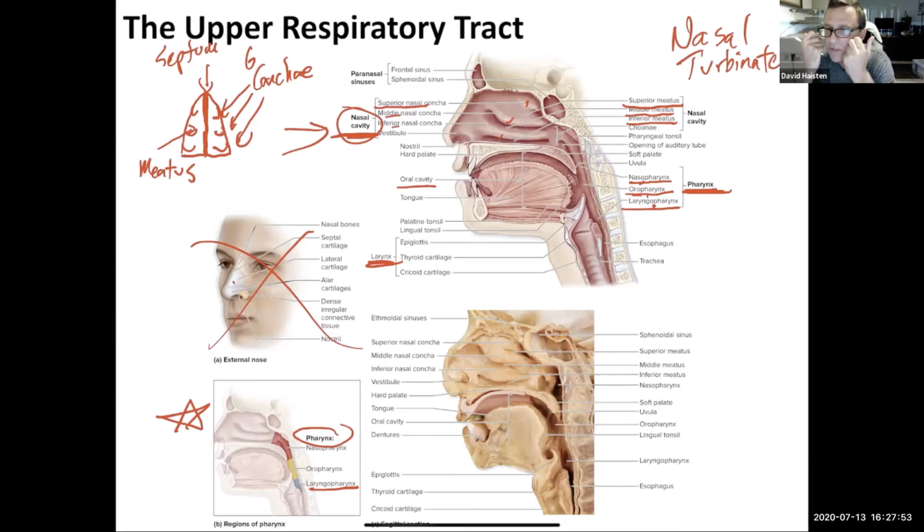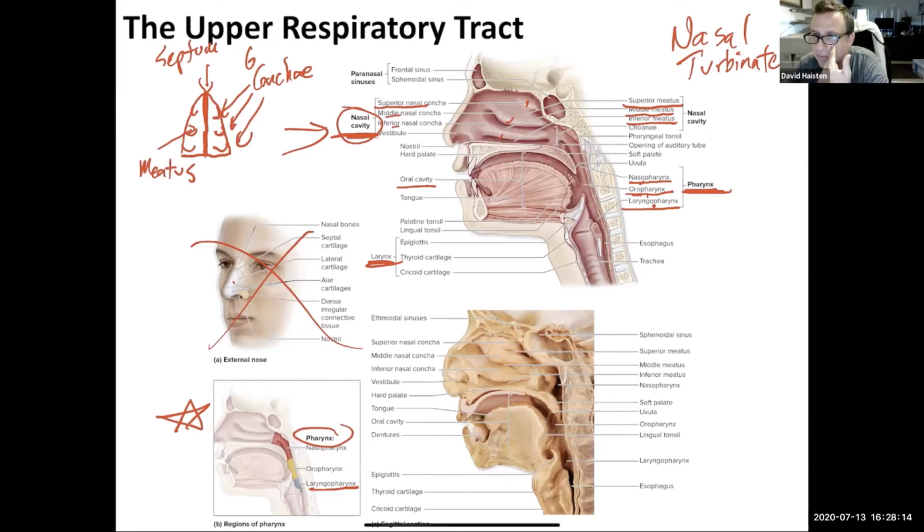Air moves through these channels, and because of the conchi, it creates turbulence. So air gets thrown all over the place. That way particles end up stuck in mucus inside your nasal cavity. It's to prevent particles from getting down into your lungs.